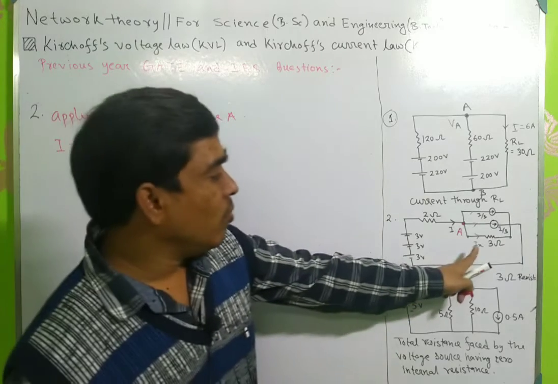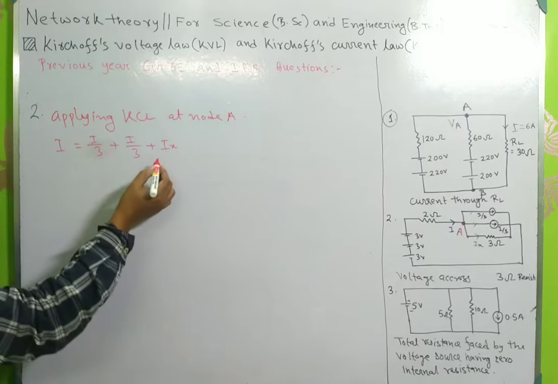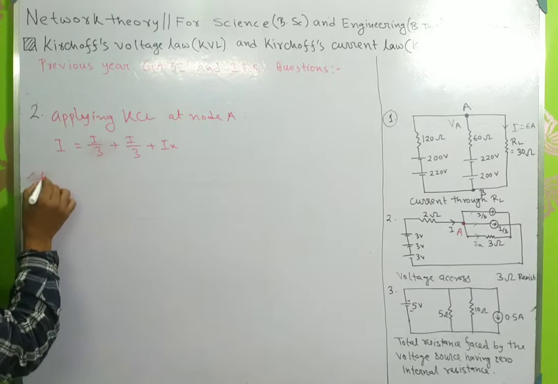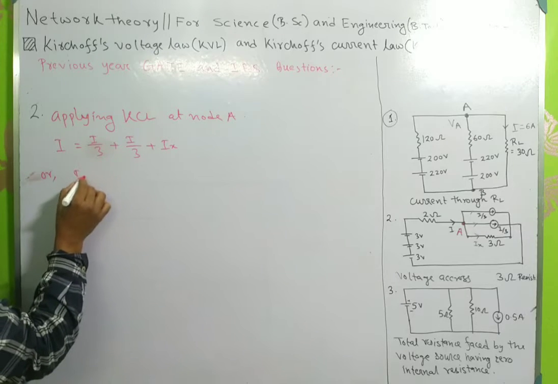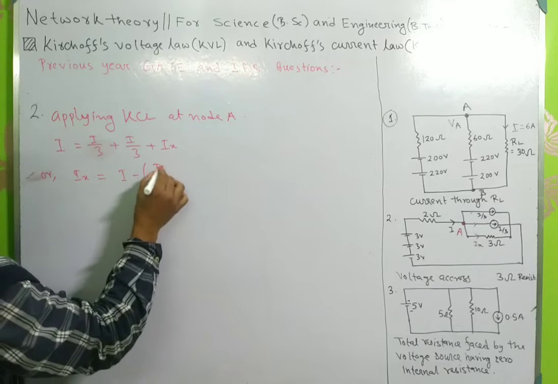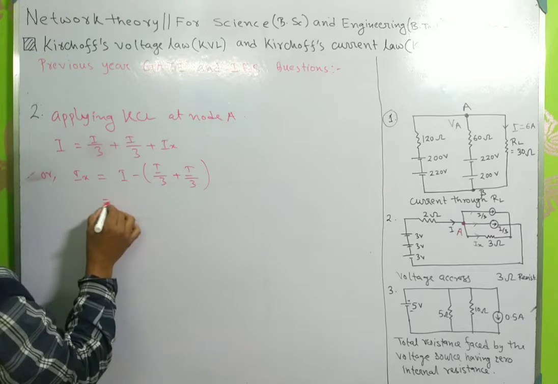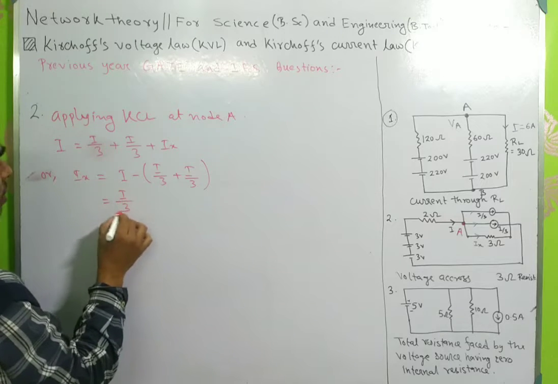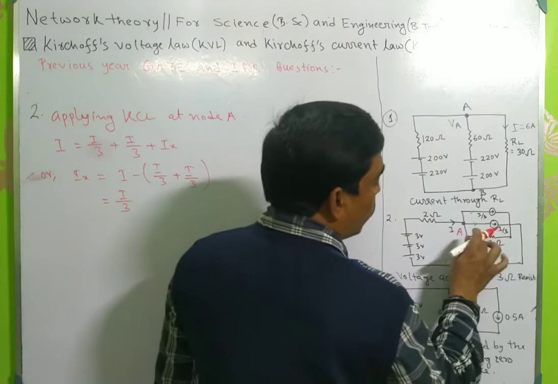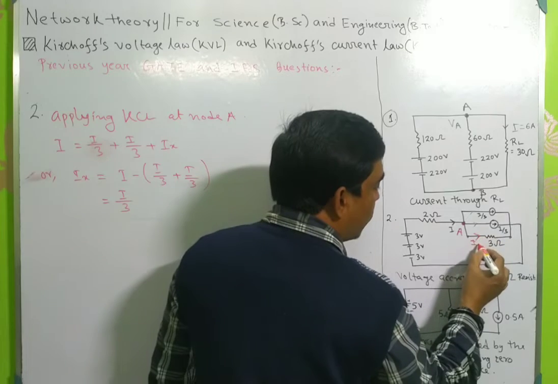I assume that this current is Ix. So from this equation we can easily calculate Ix: Ix equals I minus I by 3 minus I by 3. So it will be I by 3. So the current through this 3 ohm resistance is I by 3.